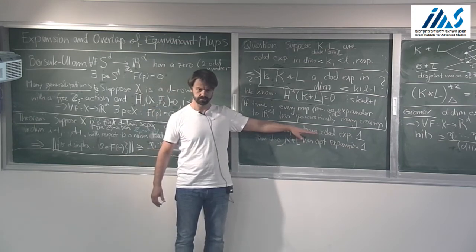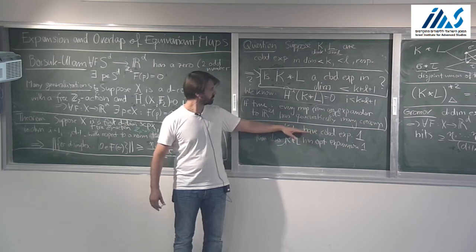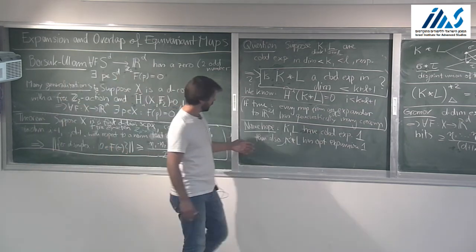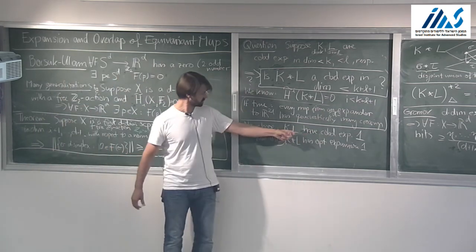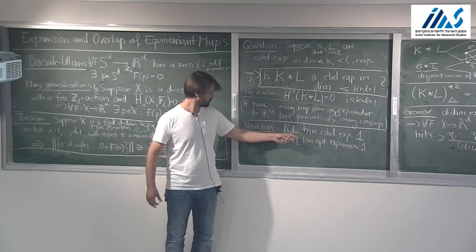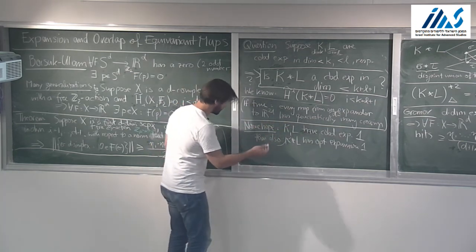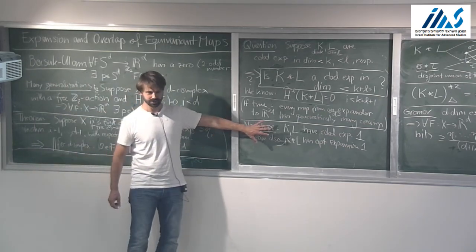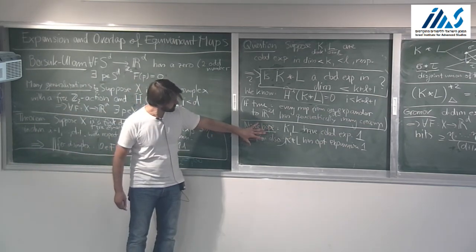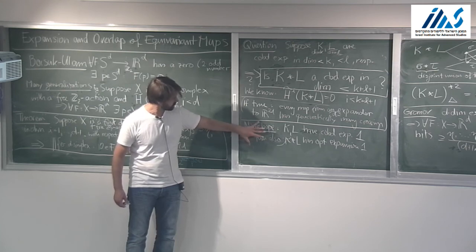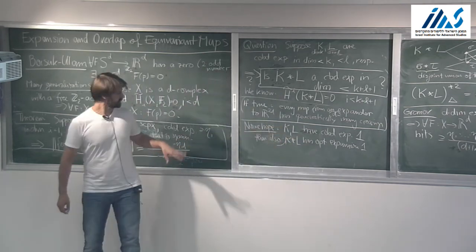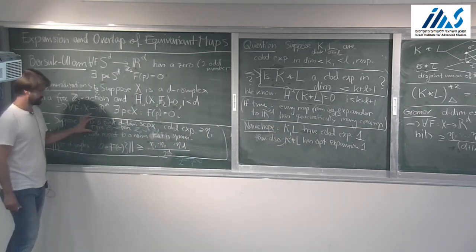The examples to keep in mind are skeleta of simplices, so complete complexes, where the expansion factors are 1. This essentially holds true in the spectral case, but unfortunately, I wanted to mention it because it still saddens me. If this were true, it would solve a number of long-standing problems concerning crossing numbers of graphs and so forth, simply by plugging these two things in.